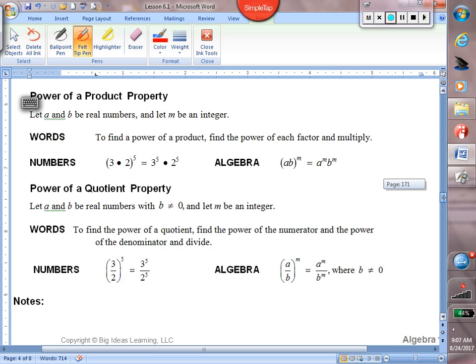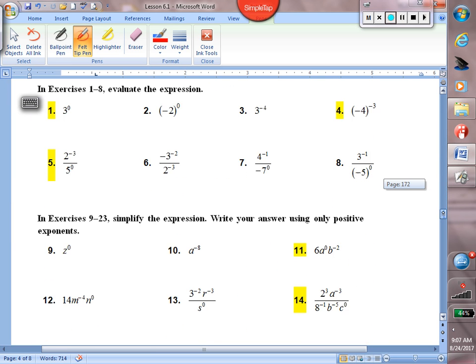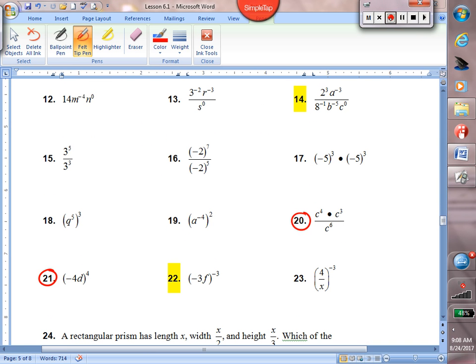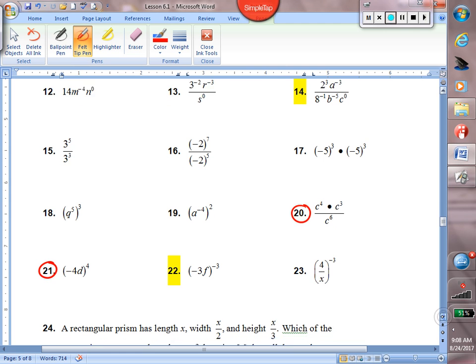Let's go ahead and turn to page 172. On page 172, I want to try out just a couple of examples to show you how these exponent properties will be put into action. I want to take a look first at number 20.